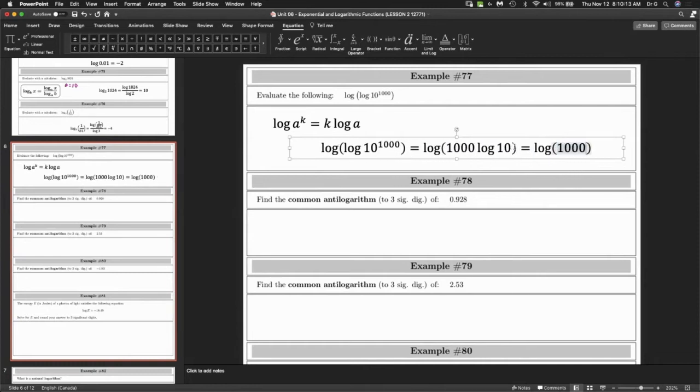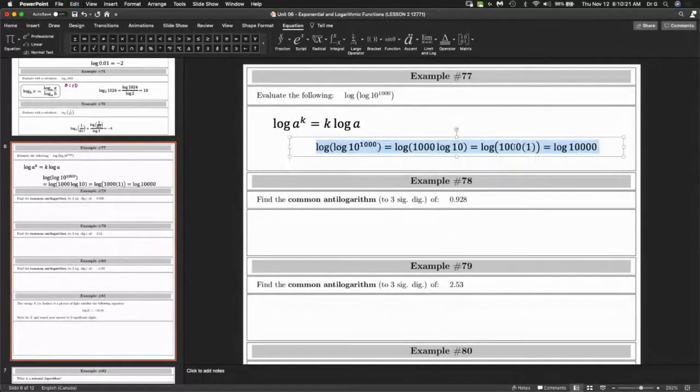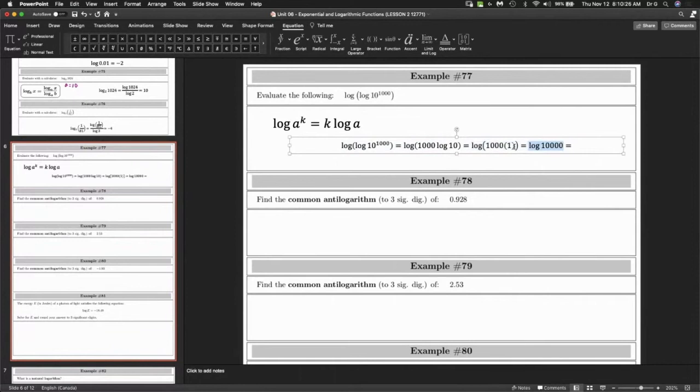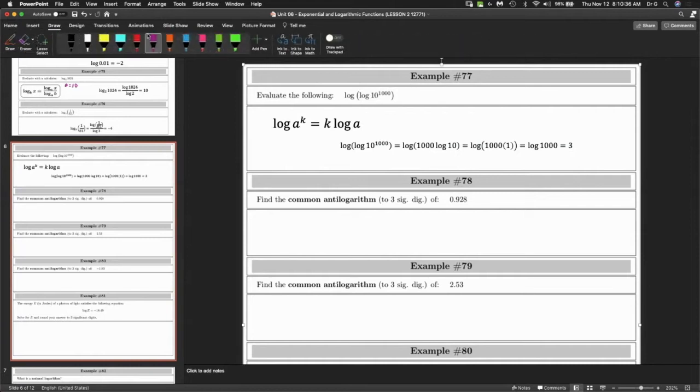And now you can continue with the question. Log of 10 is something you could type on your calculator, or if you know that 10 to the 1 equals 10. So the final answer is 3. Let me highlight some stuff here. So this rule here that I used took this 1,000 and brought it here.